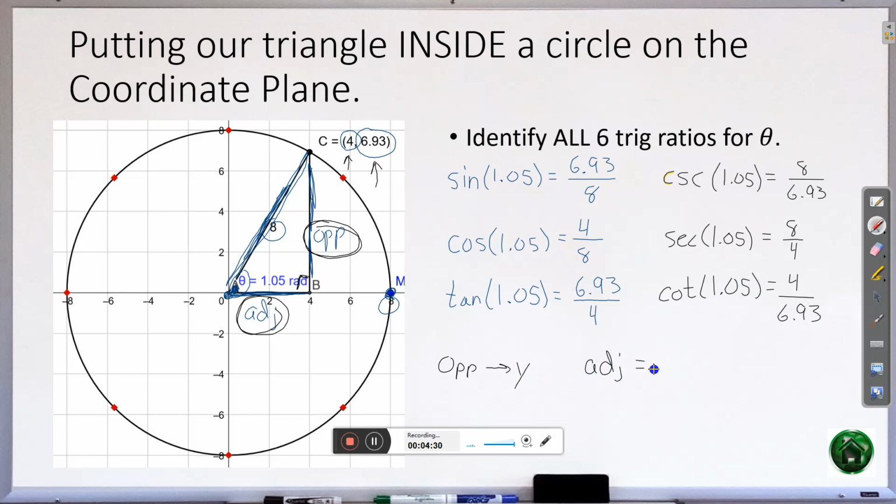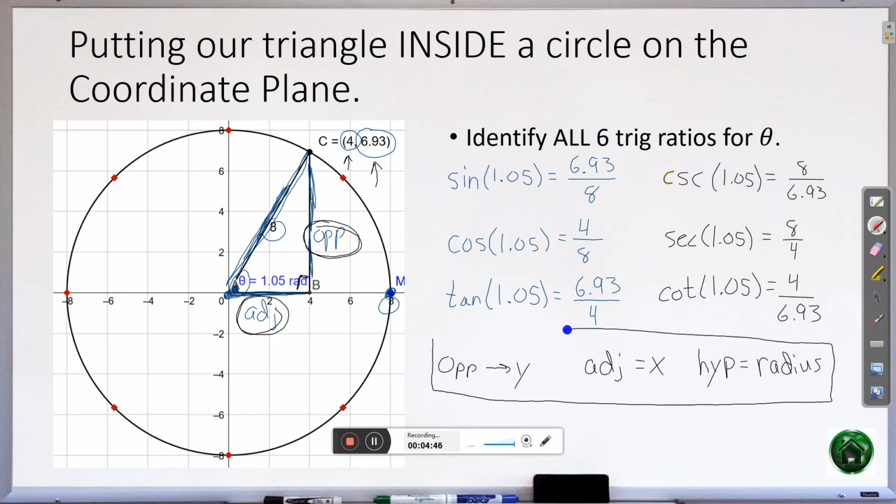The adjacent is the same as the x. And the hypotenuse is the same as the radius. So as we move to try and extend our trig functions beyond 90 degrees, those three concepts are going to be very important. That's what's going to allow us to do this.